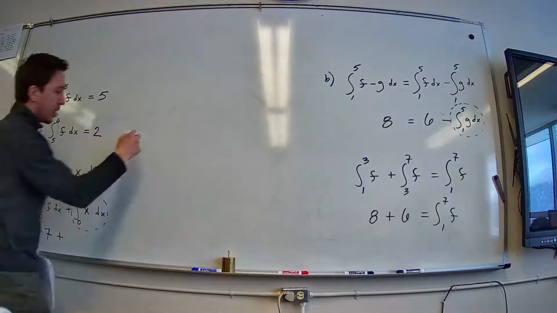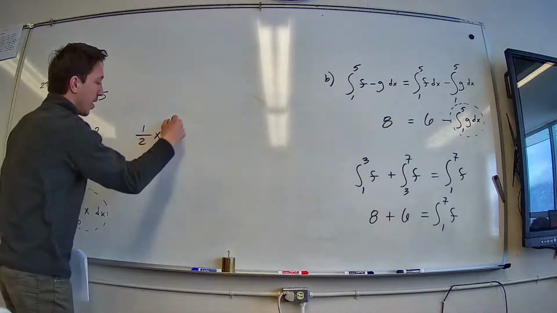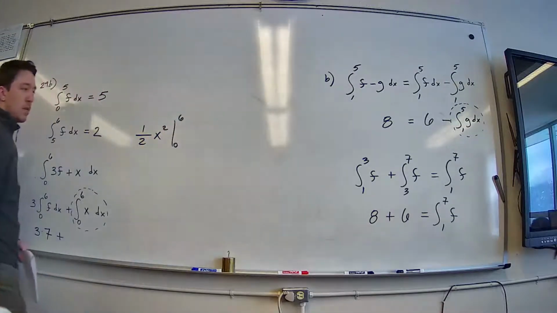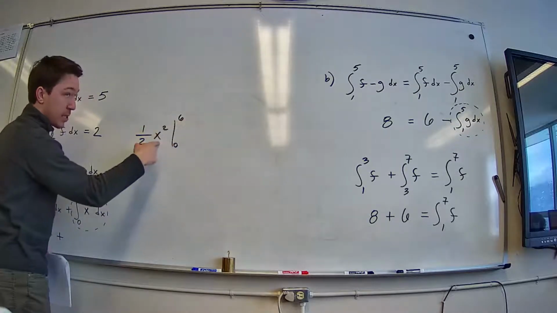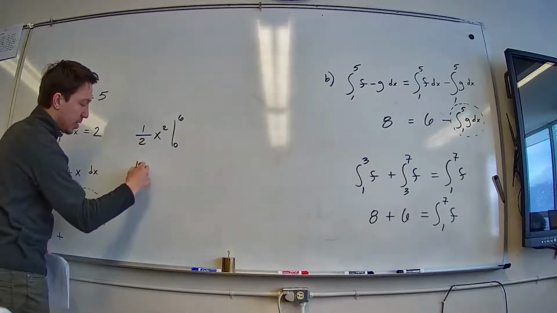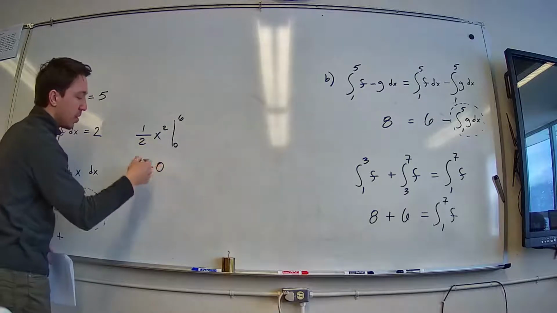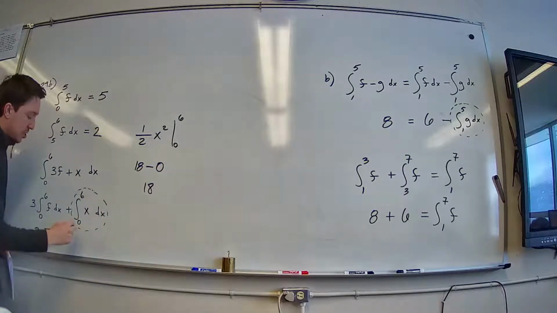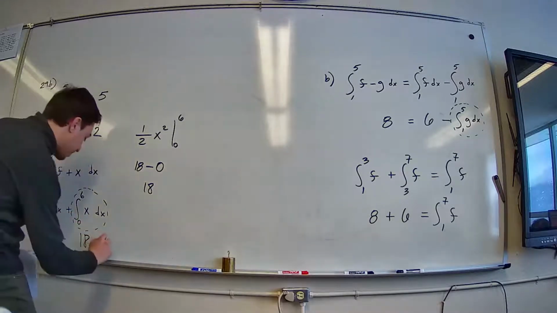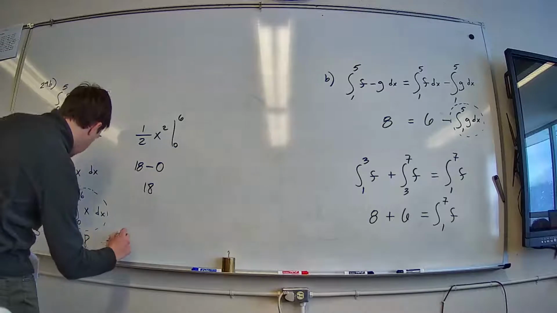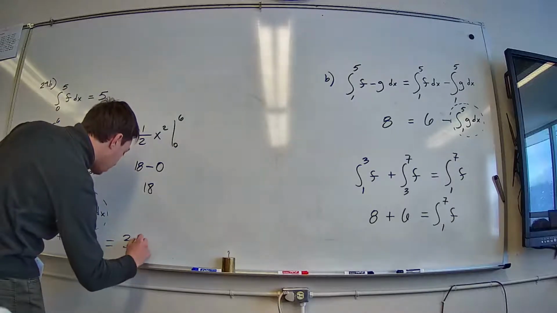The answer would be 1/2 x squared from 0 to 6, which evaluates to, plug in 6, 36 divided by 2 is 18, minus plug in 0, you get 0. So this is actually just contributing 18 to the sum. So the overall answer is 39.